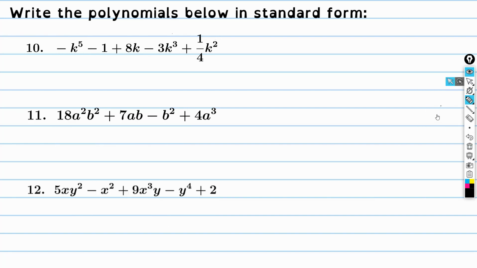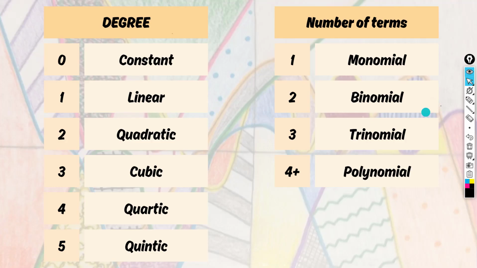Okay, so now let's talk about how you would classify a polynomial by its degree. And the degree is like me saying, what is its power? What power are we at?